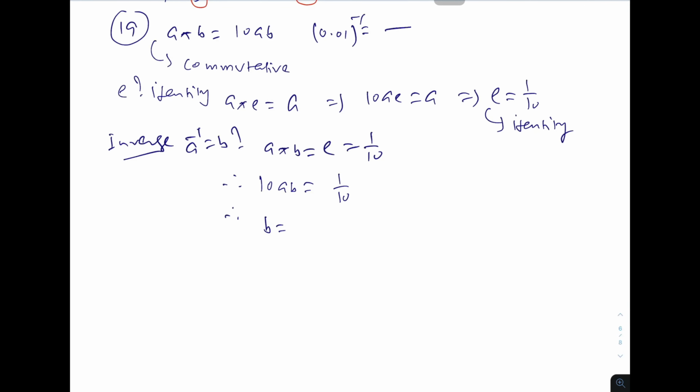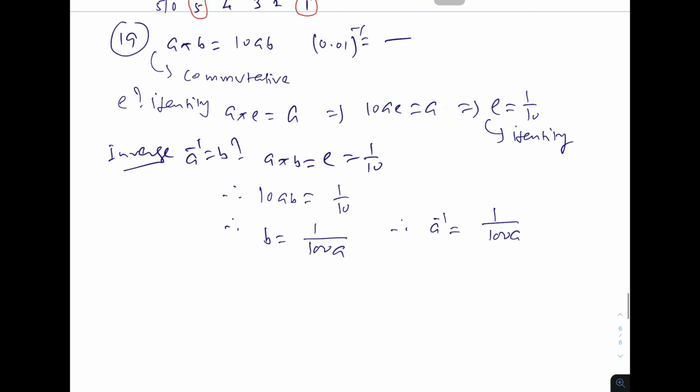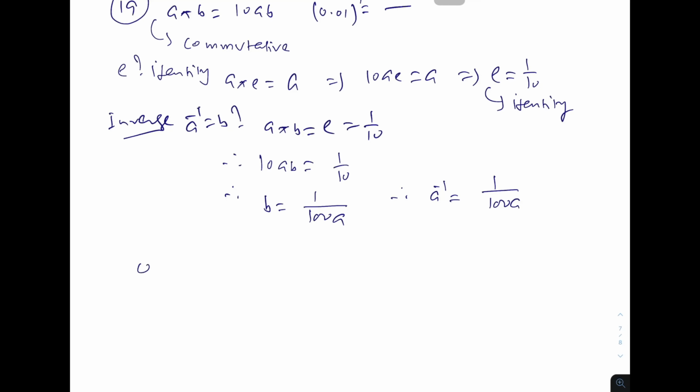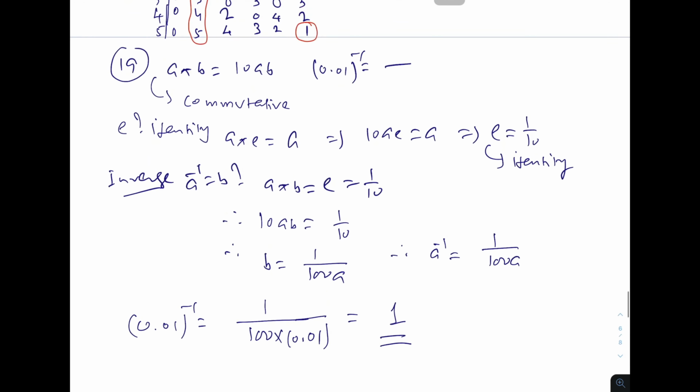So B equal to 1 upon 100 A. So that means A inverse equal to 1 upon 100 A. Now we want inverse of what? Inverse of 0.01. So 0.01 inverse is equal to 1 upon 100 into 0.01, and so that is nothing but 1. So 0.01 inverse is 1 here.